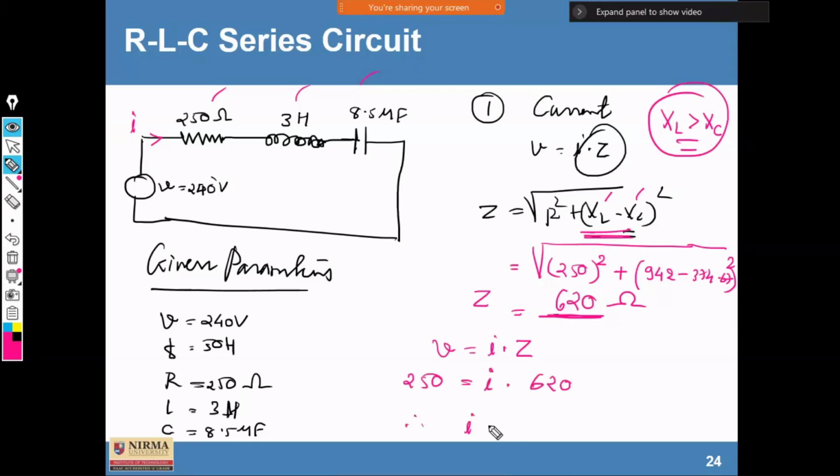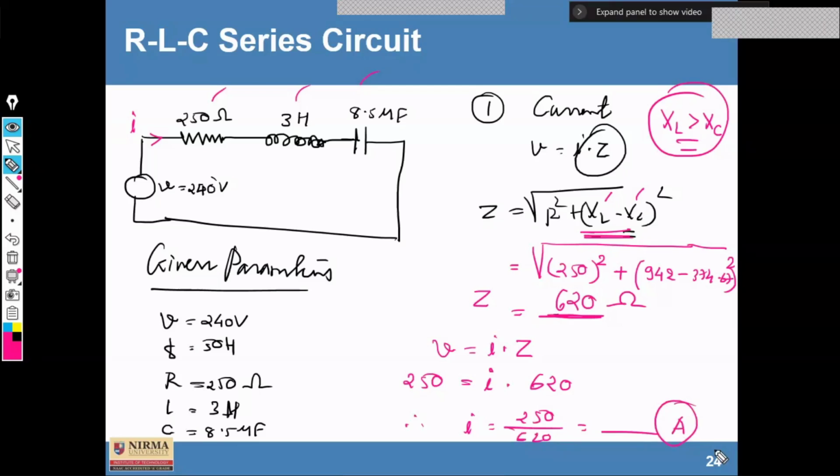So I is equal to 250 upon 620. You can find the value of current in ampere. Yes, 0.38. Yes, 0.4. Pardon?